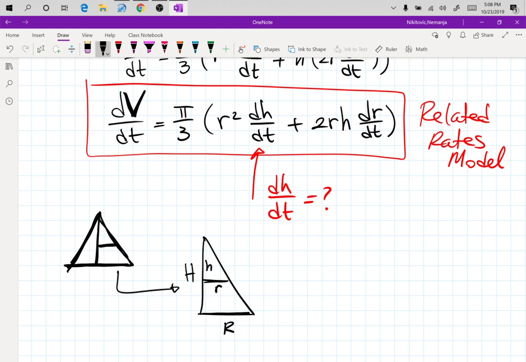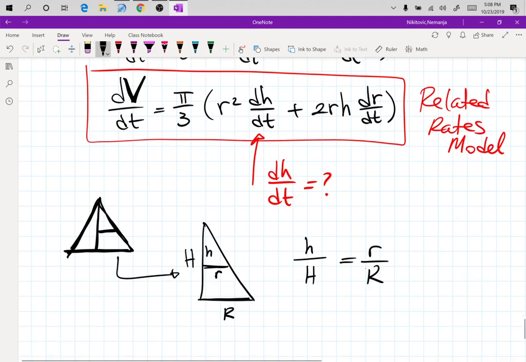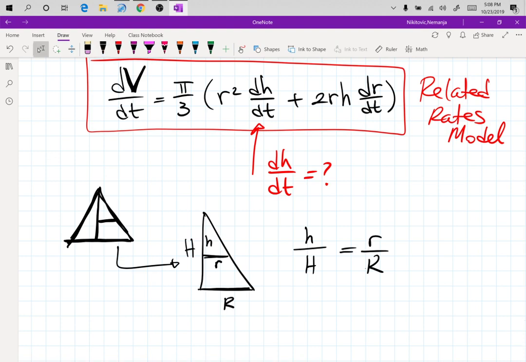So you can use similar triangles to say that the height to height is radius to radius, and you want to get rid of the little radius. So little r is going to be h times R over H. Now, these two quantities, we know, because we can measure them.